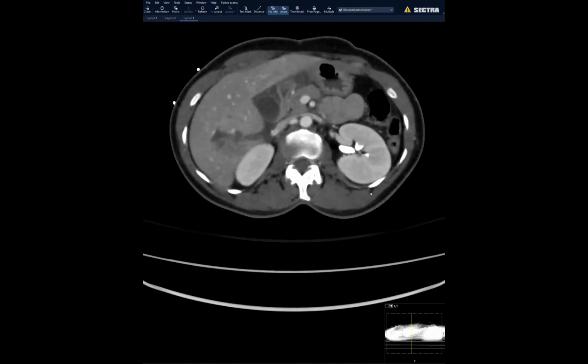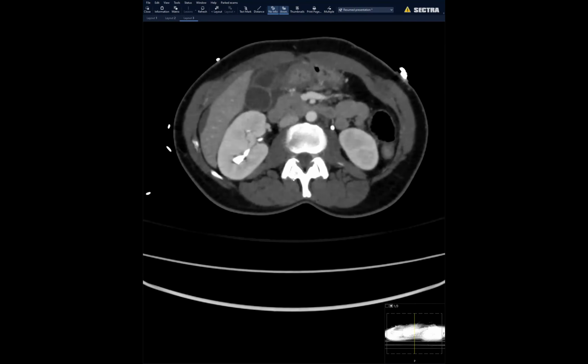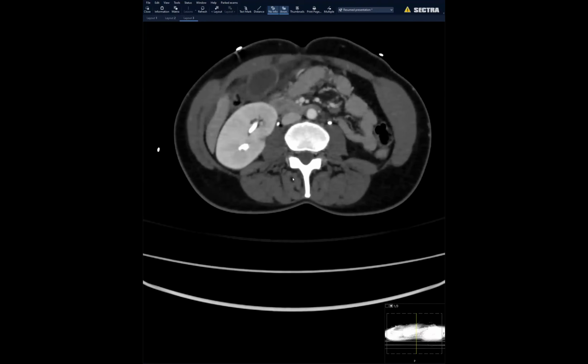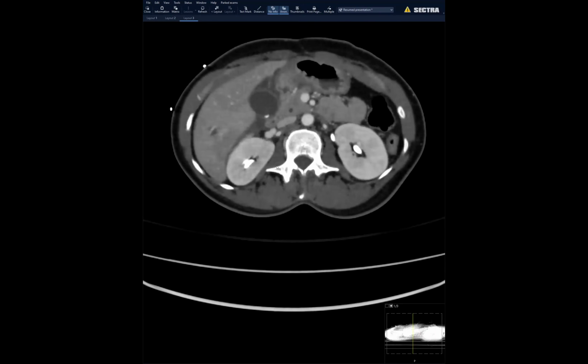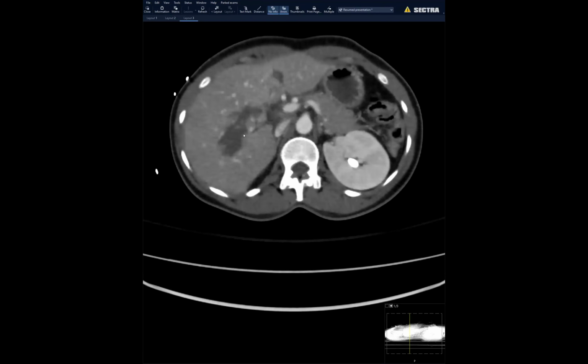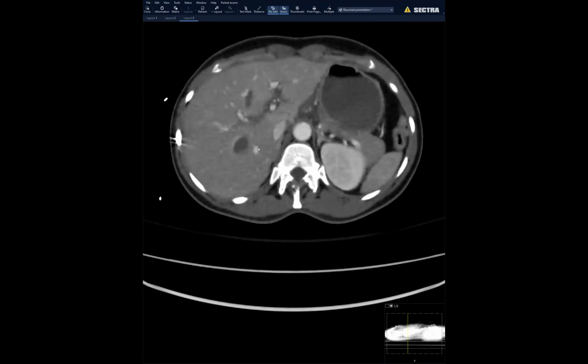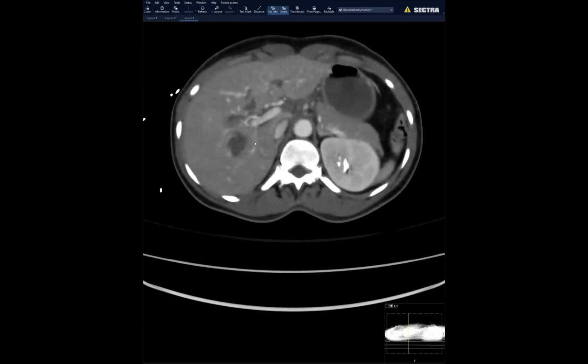So this is the initial CT we read in the morning and made a few observations. It looked like a hepatic laceration. Yeah, definitely. Very jagged margins going close to the portal structures and the hilum. We looked very closely to see if there's any pseudoaneurysm or any venous injury.